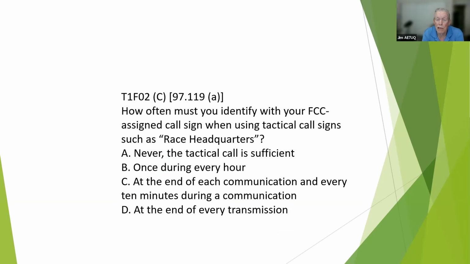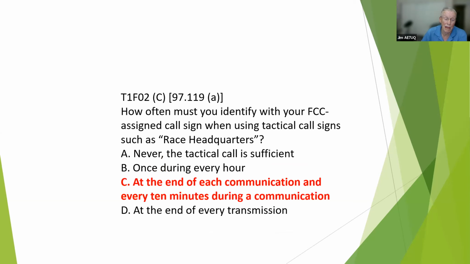How often must you identify your FCC assigned call sign when using tactical call signs such as race headquarters? This is something to keep in mind because it's easy to forget if you're on the radio a lot. At the end of each communication and every 10 minutes during a communication. We live right near the border with Canada, and we participate in some Canadian nets, and the Canadian rules are different.